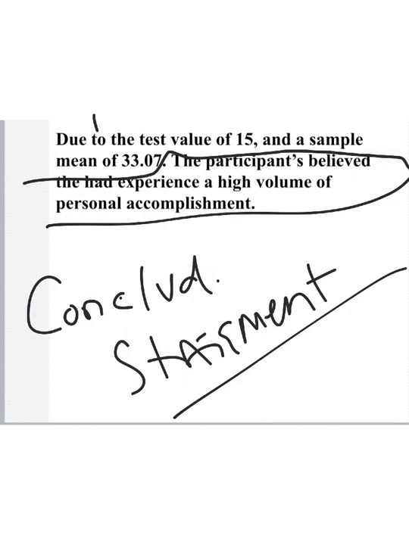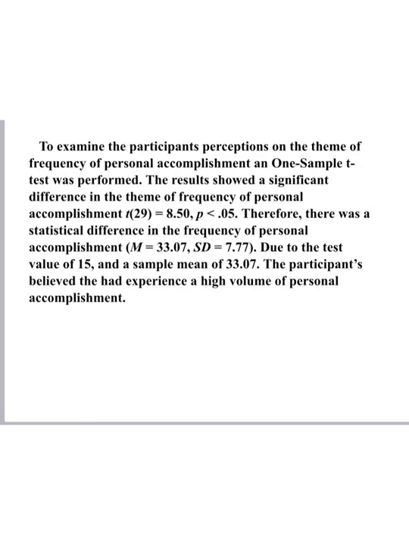Below, if it had been like 9.40, okay, if that mean would have been 9.40, I would have said they did not believe they had any kind of high level of personal accomplishment at that point. They weren't feeling personally accomplished. Okay. Again, this is the complete write-up.